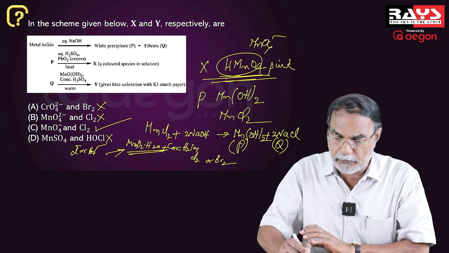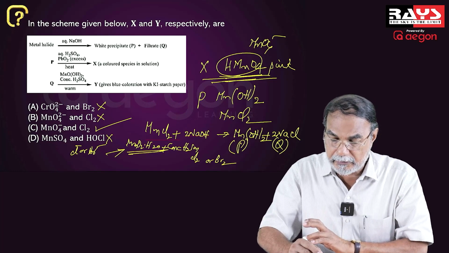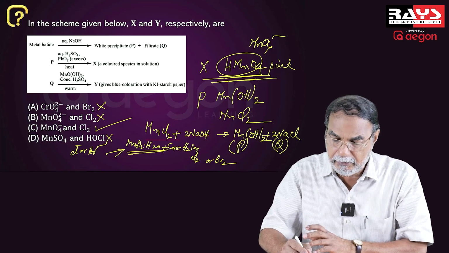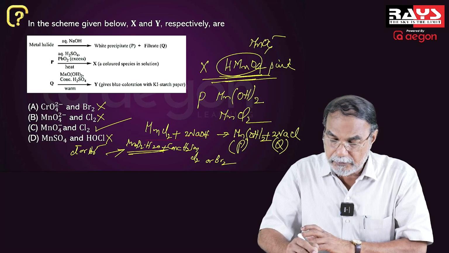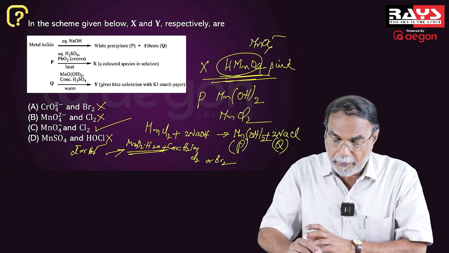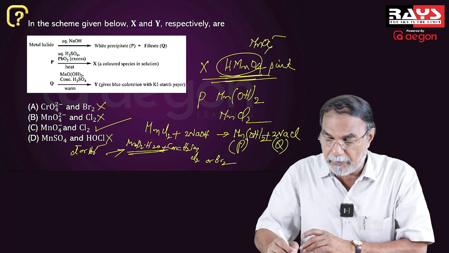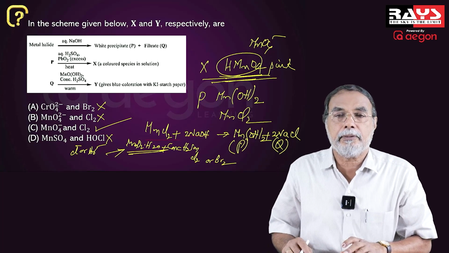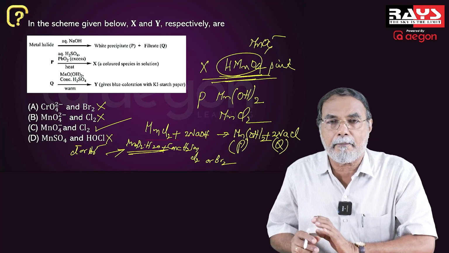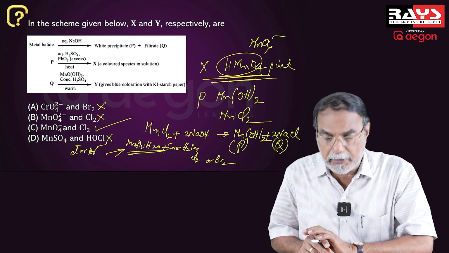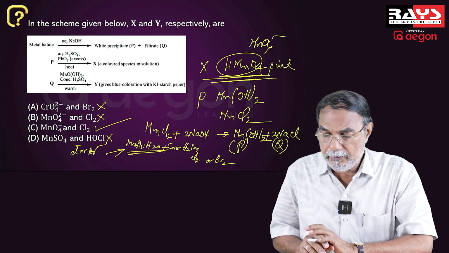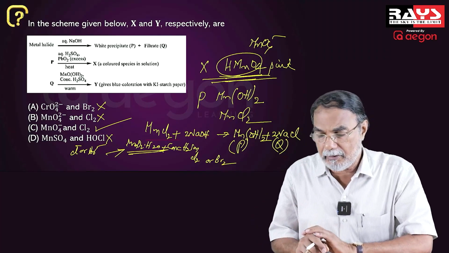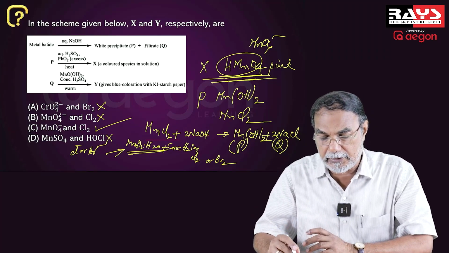X is permanganate, Y is chlorine, P is manganese hydroxide, and Q is sodium chloride, and the metal halide is manganese chloride. Simple chemistry relating to the detection of manganese ions in qualitative inorganic analysis. So if you are reminded of that, I think the question can be very easily answered.